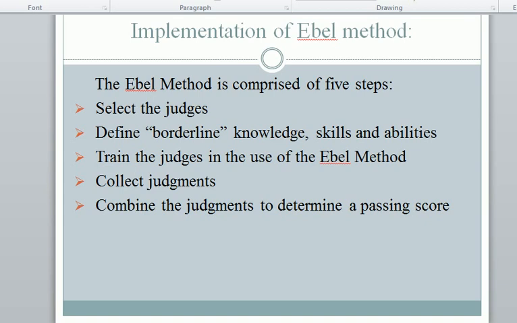At the last level, Ebel combined all judgments of the judges to determine a pass score. It means a cut score to declare pass. If students attain that passing score or higher, they are declared passed, otherwise they will be declared fail.